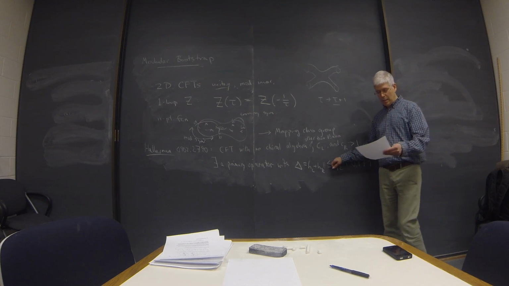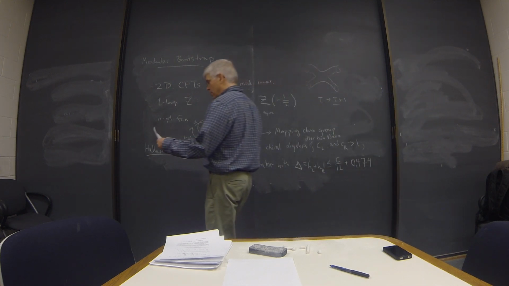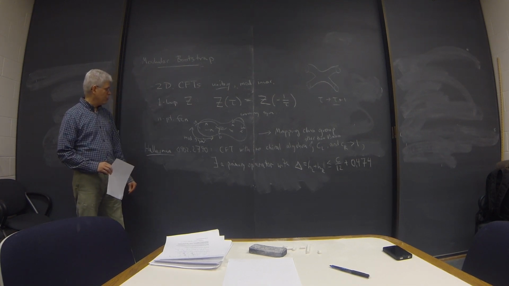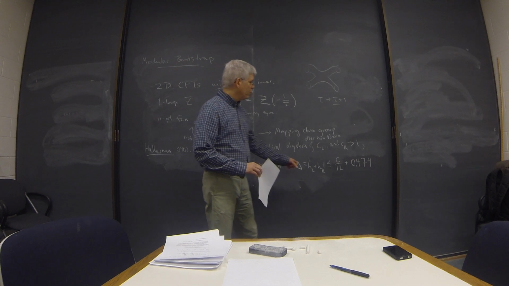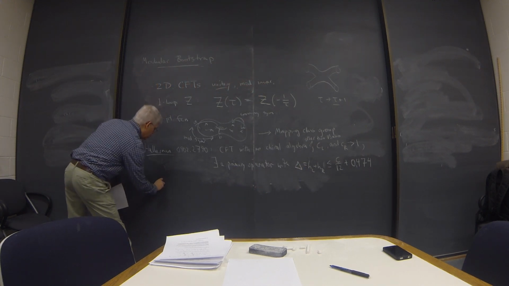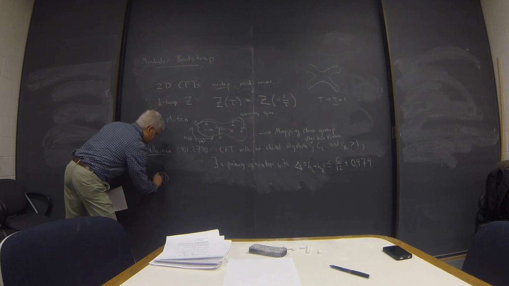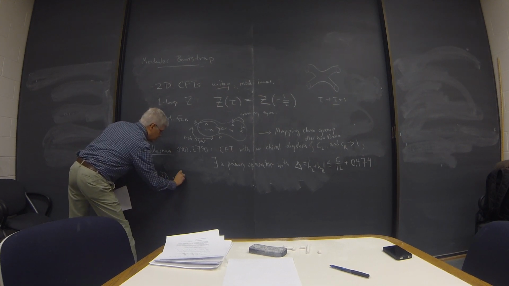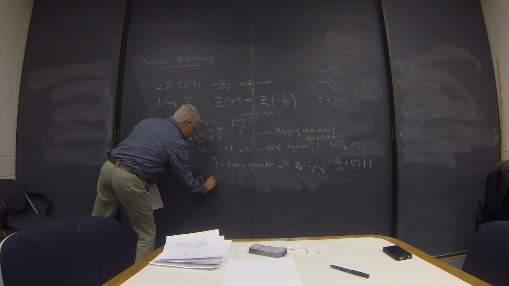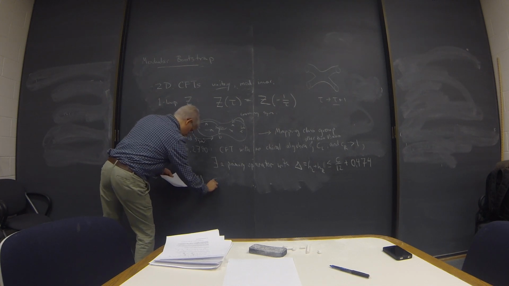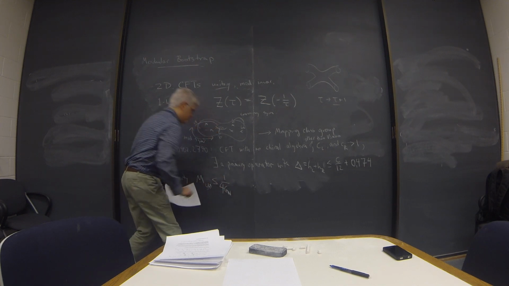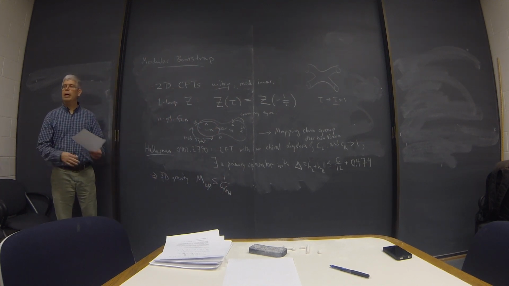In particular, it tells you that the lightest massive excitation in three-dimensional gravity, which is dual to this operator right here, has to be, in 3D gravity, the mass of the lightest excitation has to be less than or equal to 1/4 G Newton. So of order the Planck mass or below.